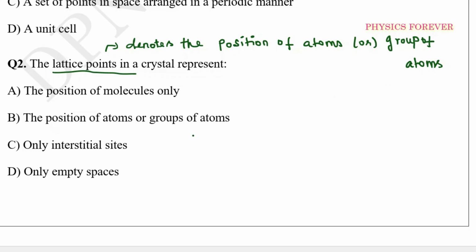So option B is correct. So the position of an atom or group of atoms is what a lattice point represents.